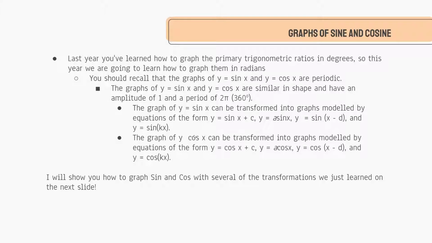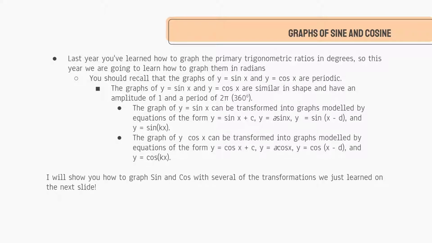So if k is 3, our factor would be 1 over 3. And if it's 1 over 3, that means we're horizontally compressing it. If k was 1/2, that means we're taking 1 over 1/2, which is 2, which would mean we are horizontally stretching it.